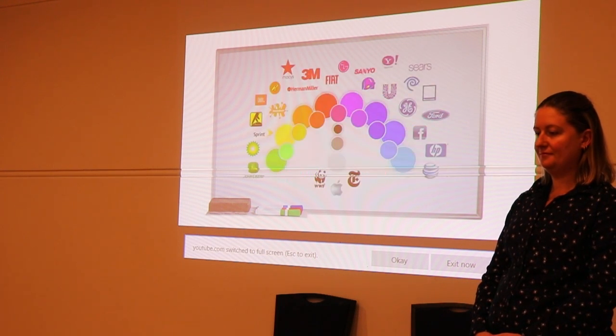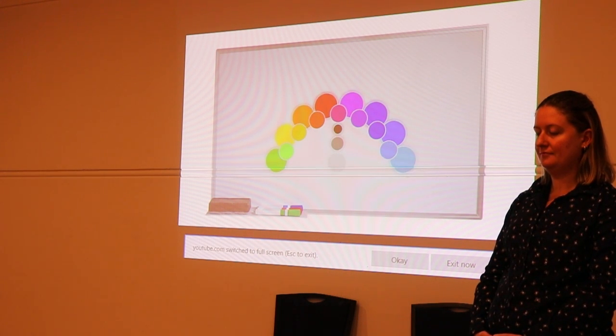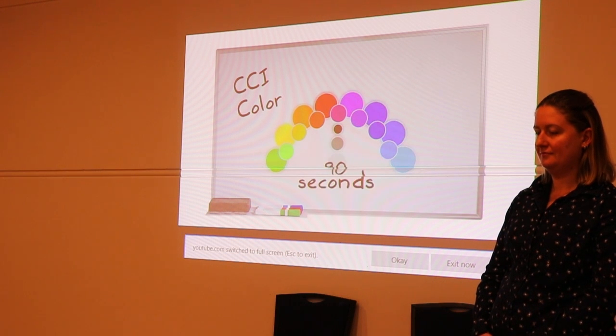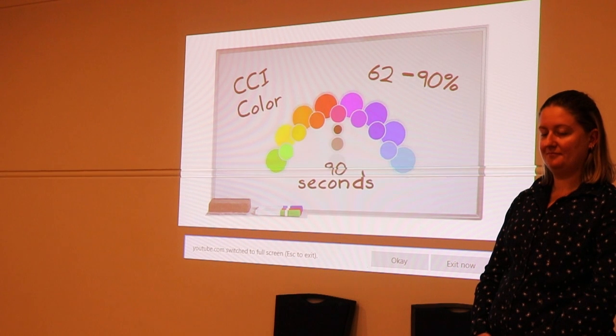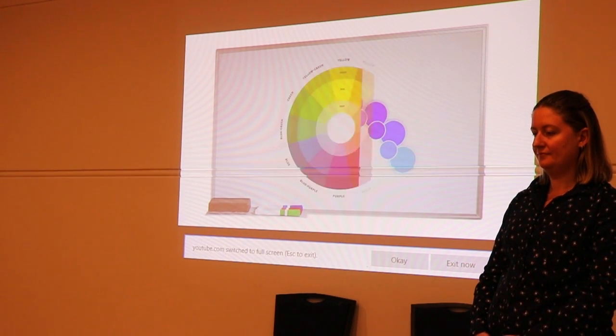You might be asking yourself, how can color really affect my brain? Well, the Institute for Color Research, or CCI Color, did a study and found that people make subconscious judgments about people, environments, and products within 90 seconds of the initial viewing, and between 62 to 90% of those assessments were based on color alone. Think about your logo.